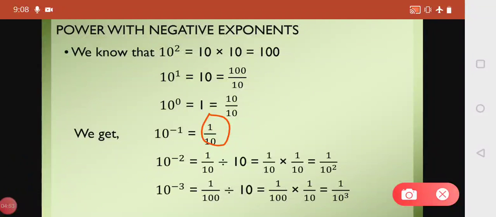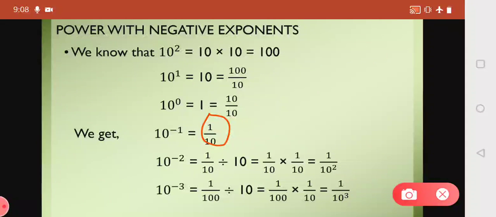Now, what if we change the power? If we write 10 raised to minus 2, we can represent it as 1 upon 10 divided by 10. When zeros are increasing, we multiply. When zeros are decreasing, we divide. So 1 upon 10 divided by 10.